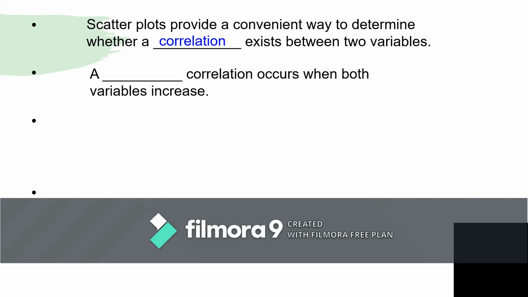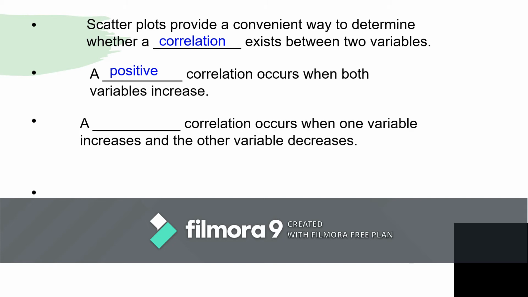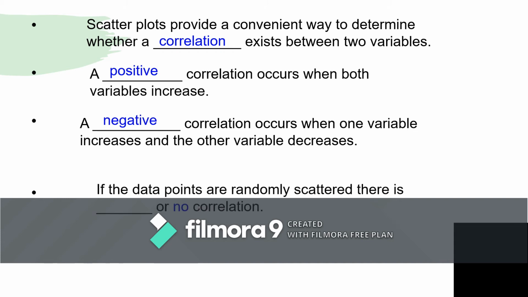That is, as x increases, y also increases, then the coefficient will be positive. As x increases, if y decreases, then the coefficient will be negative. If the points are scattered all over in your scatter plot, then it has no relationship at all. That is, it has no correlation coefficient, or a little correlation coefficient. And the coefficient always lies between -1 and +1.